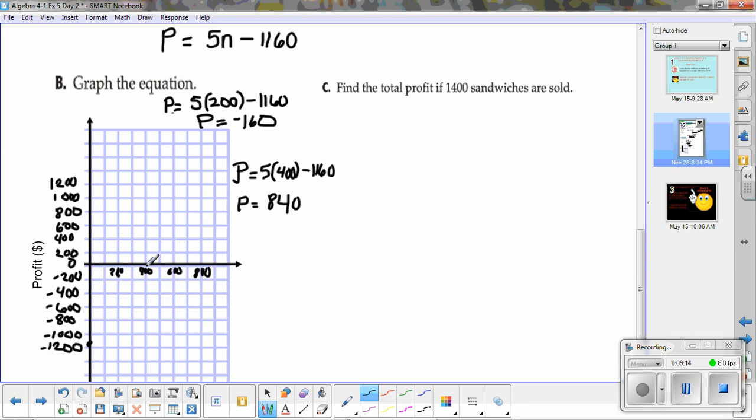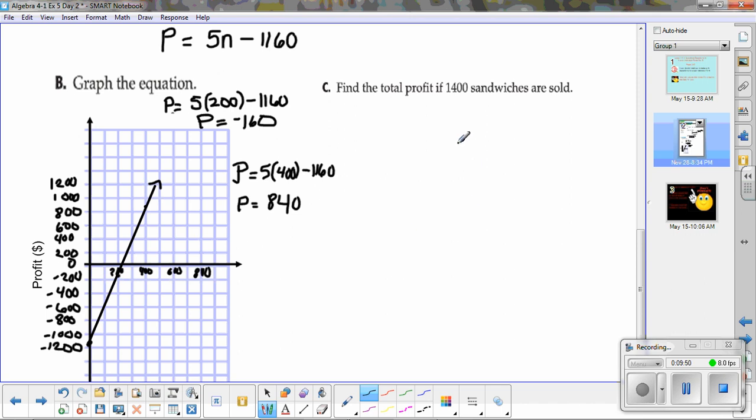So for 400 sandwiches, it's going to be 840. So there's 800, there's 900. It's going to be about there. Now if we go and connect this with the line, it should go through those points. It's not going to be perfect because we're just estimating about where it would be. It's going to look something like that.